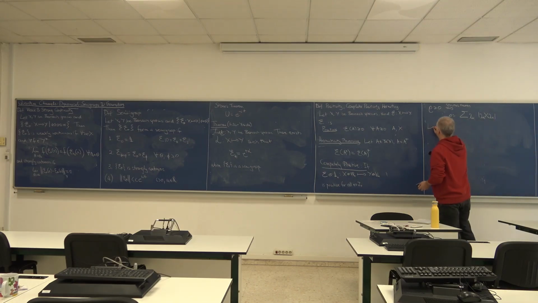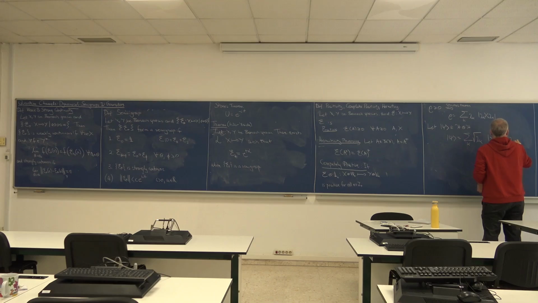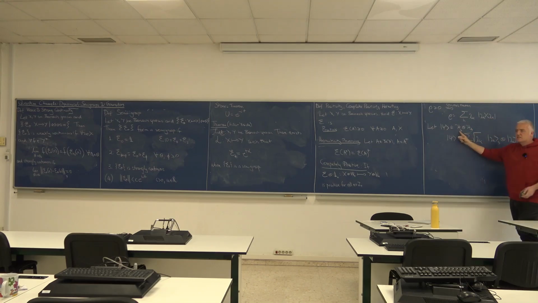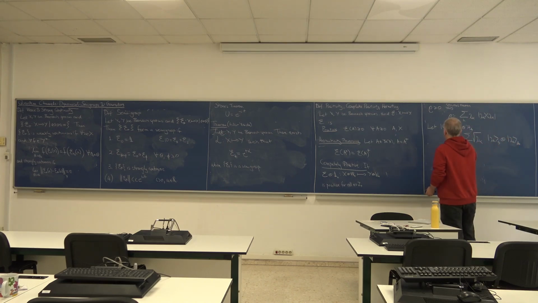In other words, now let this be my original system, my original Hilbert space, and this is some auxiliary Hilbert space of the same dimension. Consider now this bipartite state. Then it's trivial to show that if I trace out the auxiliary system from this state, I get rho.